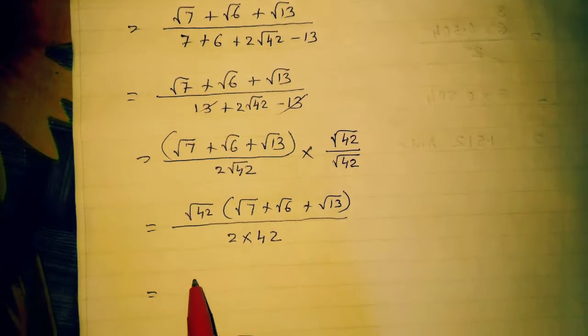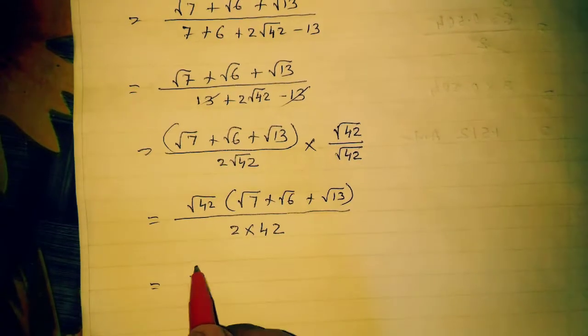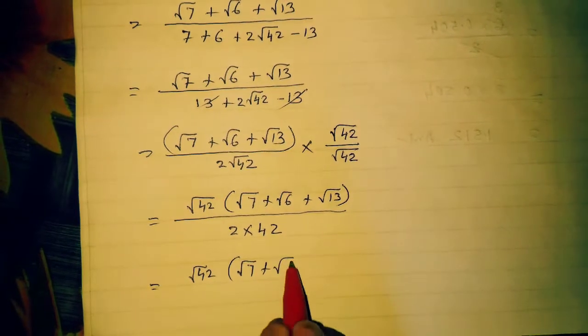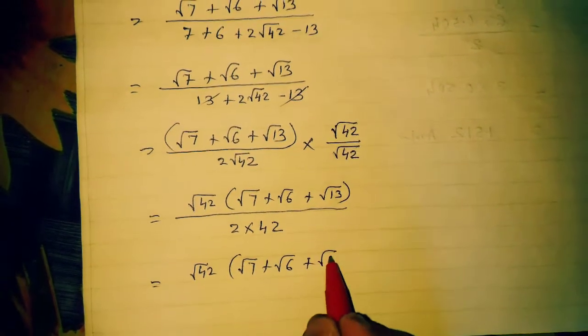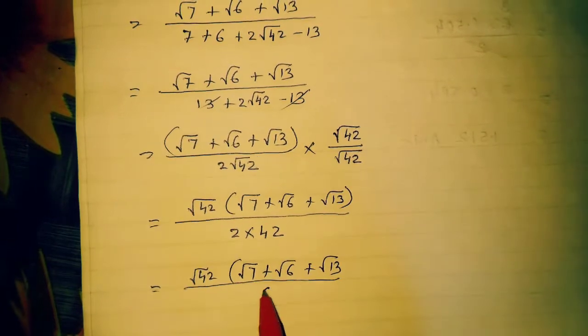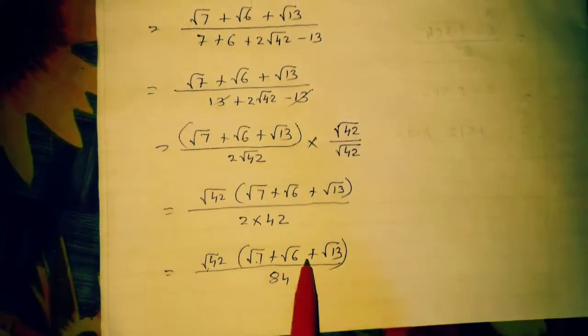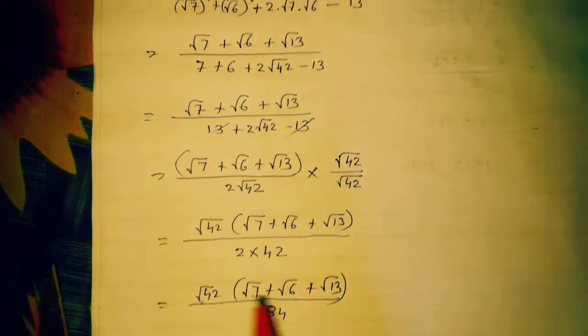So finally we'll get root 42 into root 7 plus root 6 plus root 13 divided by 84.